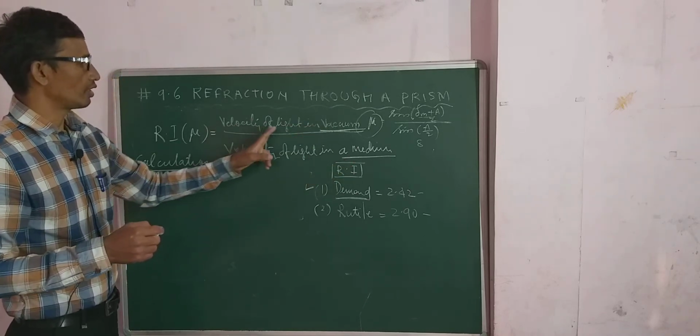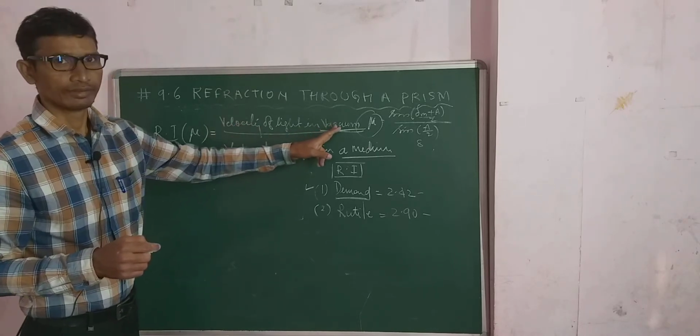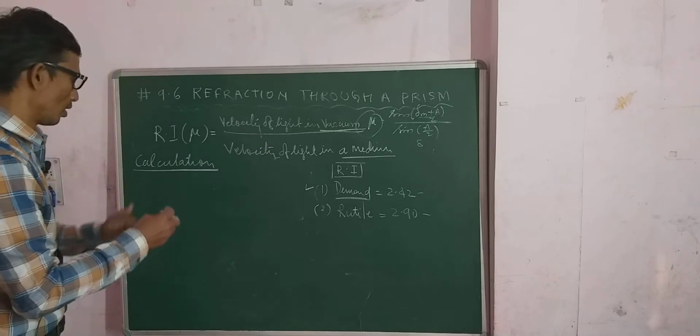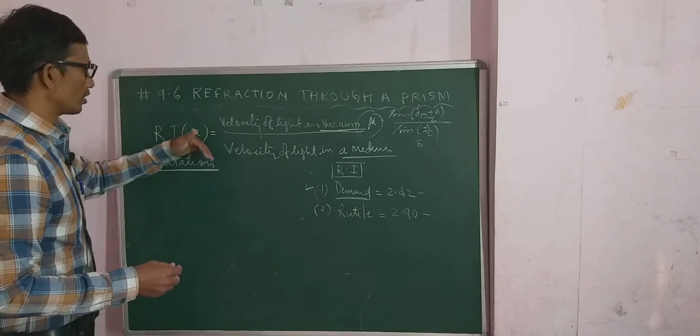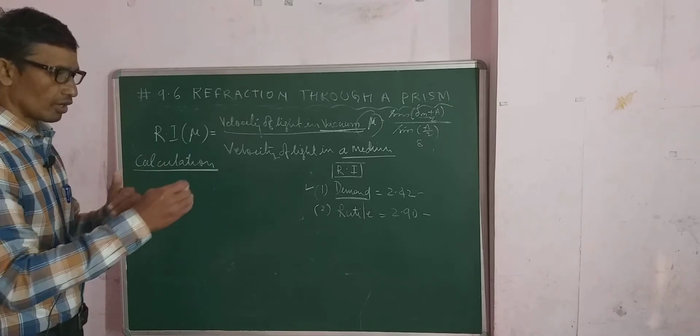So we can say that this is the reason refraction takes place and the light bends toward the normal.